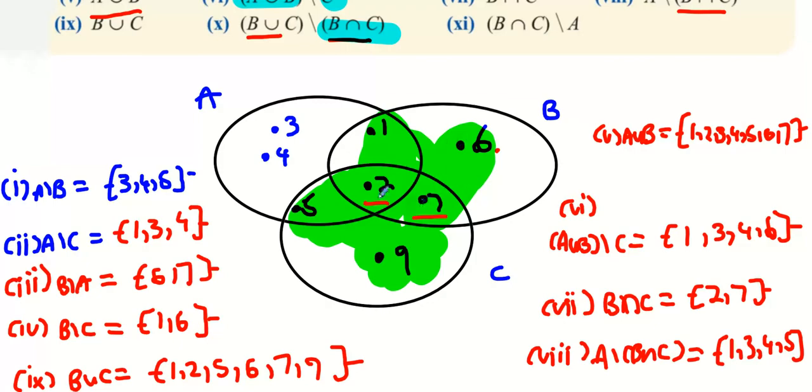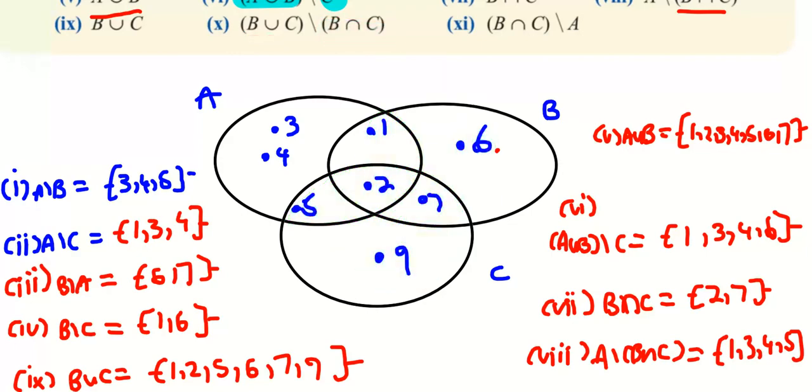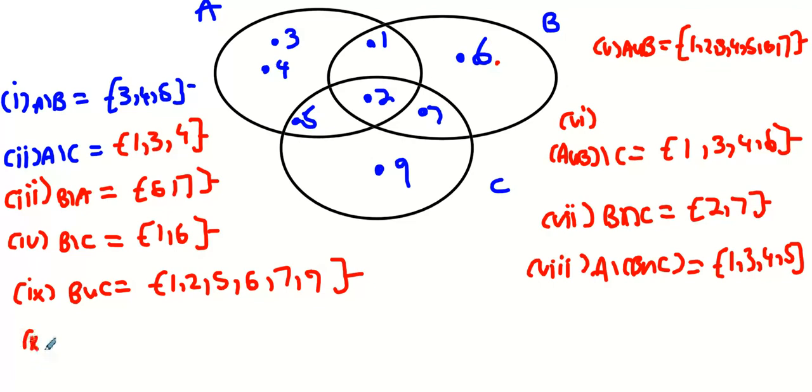So you're not allowed to use 2 and 7. So the answer is 1, 5, 6, and 9. So what's that? Question 10. B union C, but not allowed in B intersection C. So once again, it's 1, 5, 6, and 9.